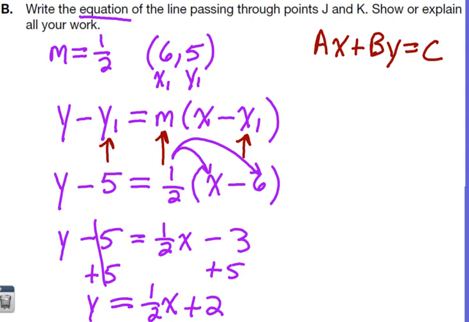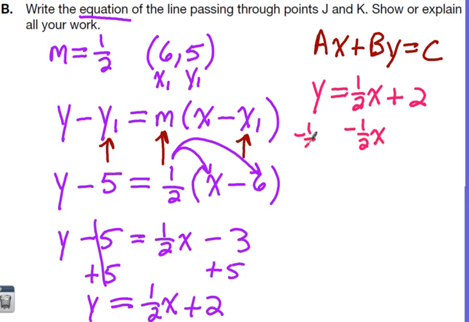Okay? If you wanted to finish this off in standard form, first maybe I'll just recopy 1/2 x plus 2. We need the x term over on the left side. So how do we move the x term over to the left side?